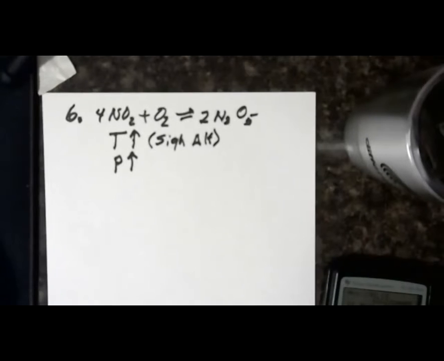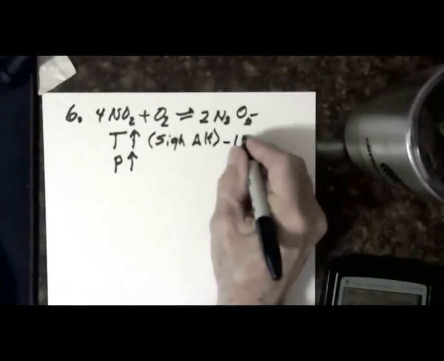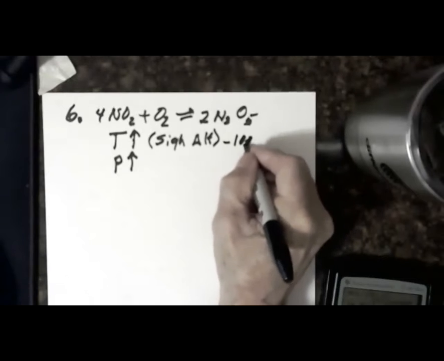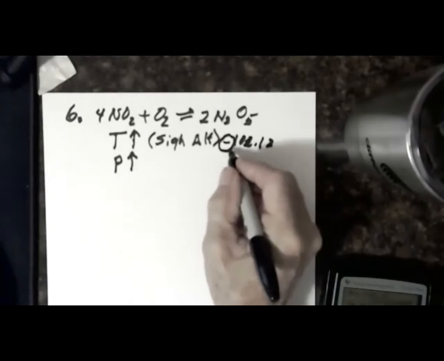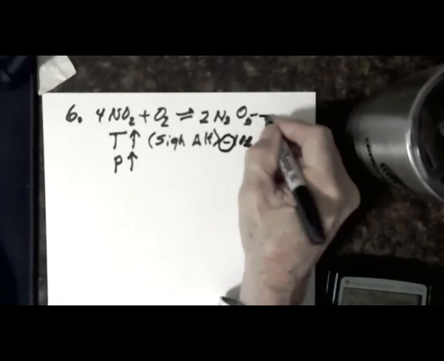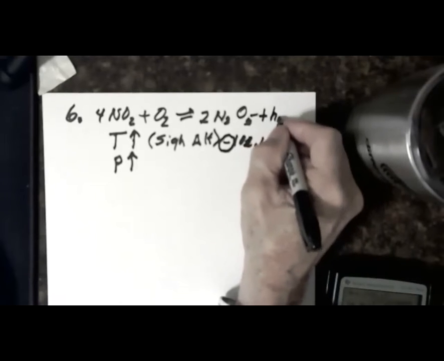Delta H is minus 102.12. All I need to know is the sign. If it's negative, it means heat is coming out. So it's like heat is a product.